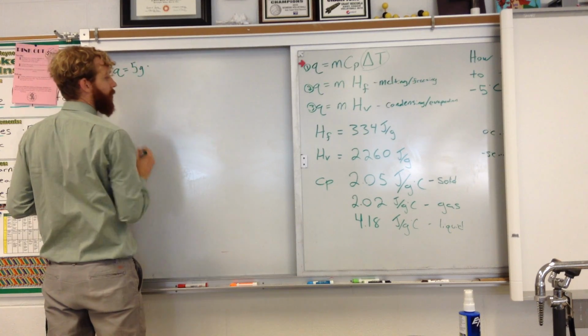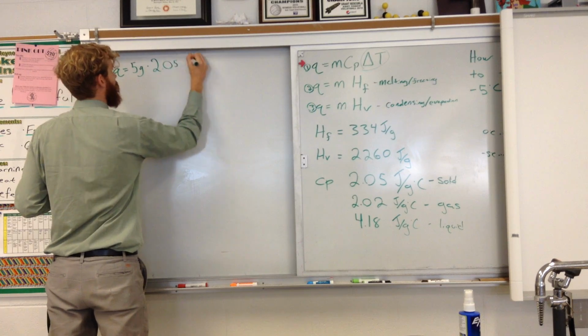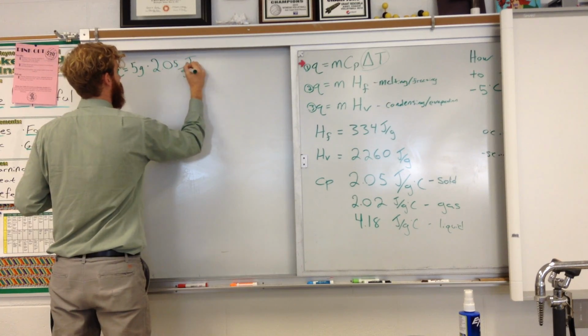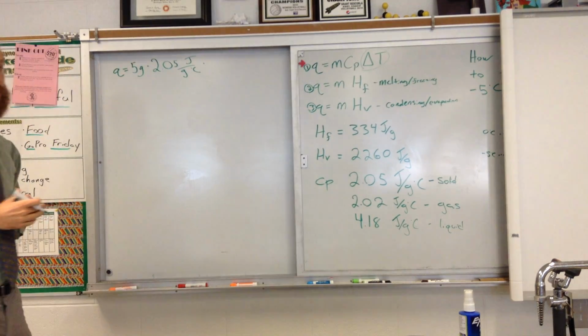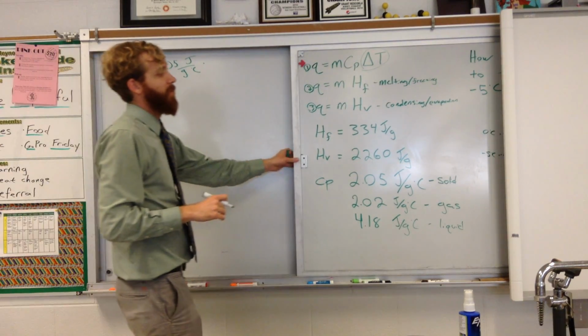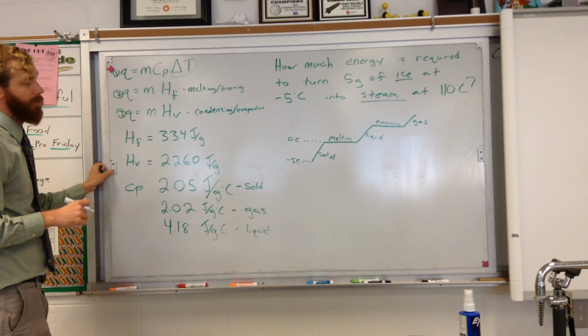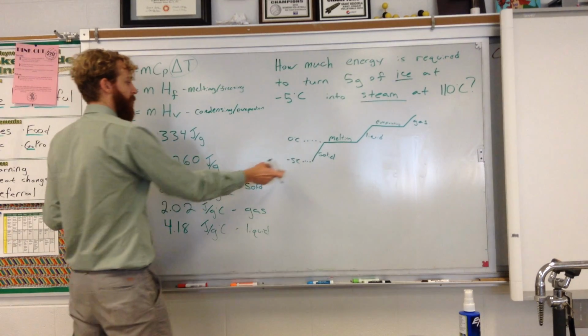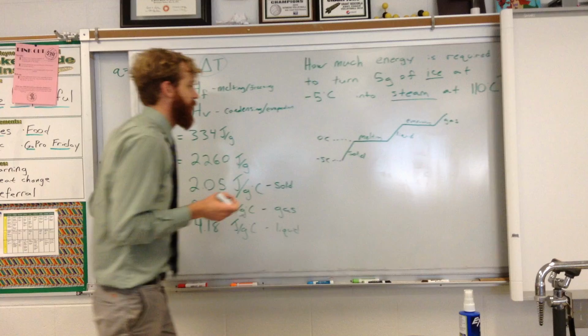I forgot my units. Don't forget your units. 2.05 joules per gram degree Celsius. Times our delta T, our change in temperature. If we look back at our rough graph, you'll notice that we went from negative 5 degrees to 0 degrees. That's our change right there.